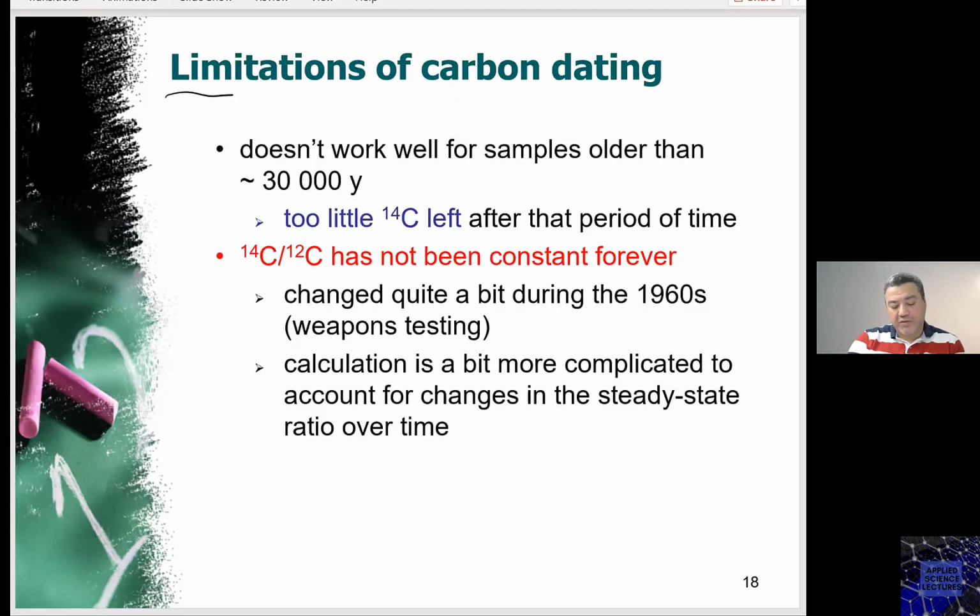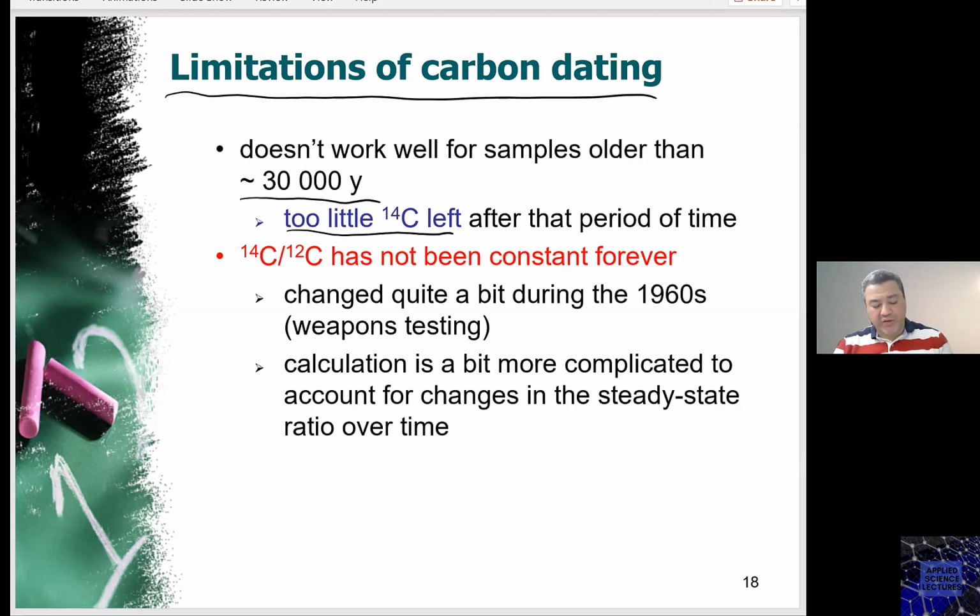Also, take into consideration that there are limitations of carbon dating. Carbon dating does not work accurately on samples that are more than 30,000 years. Why? Because there will be very little C14 left. The half time is way smaller than 30,000 years, so by the time you reach 30,000, there will be very little C14, which will make the measurement inaccurate.